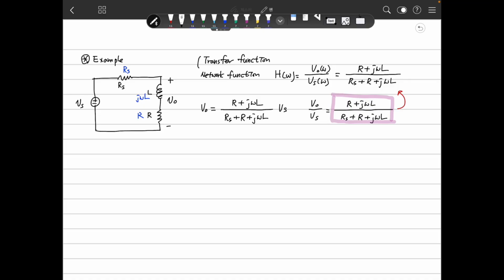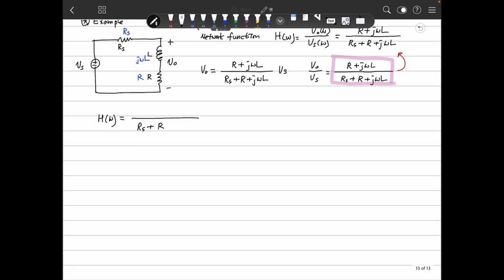So we will represent this network function H(omega), which is (R plus j omega L) over (Rs plus R plus j omega L), in the form of K times (1 plus j omega over omega 2) over (1 plus j omega over omega 1).